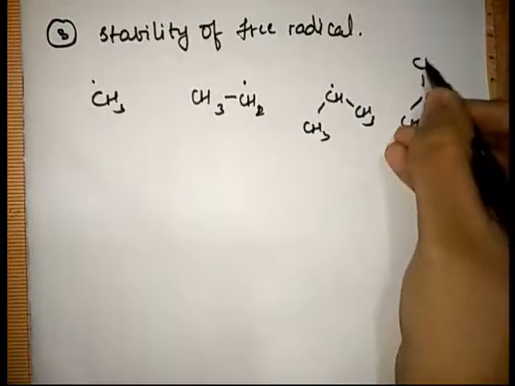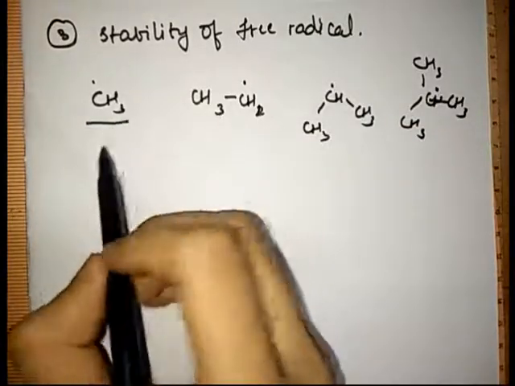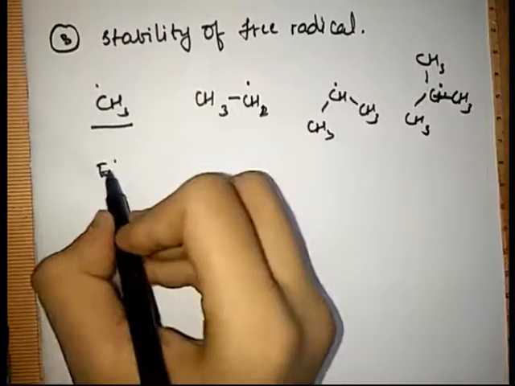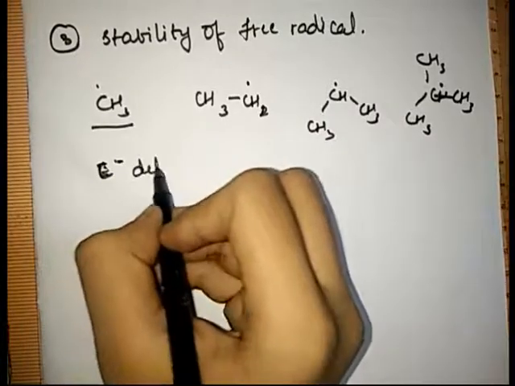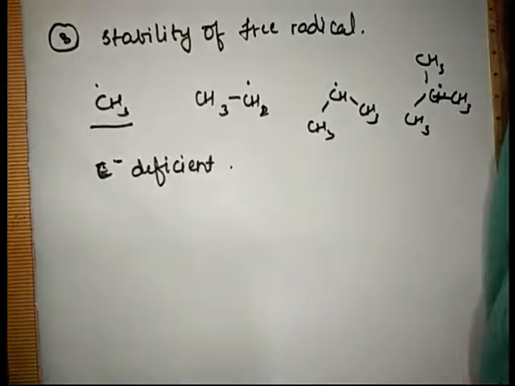If we see that the free radical is electron deficient, so it needs electrons.